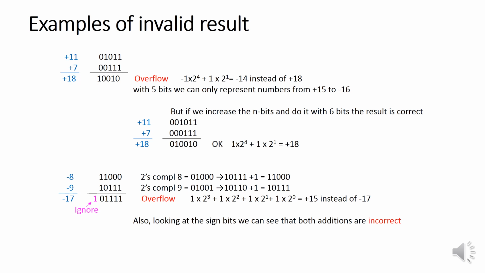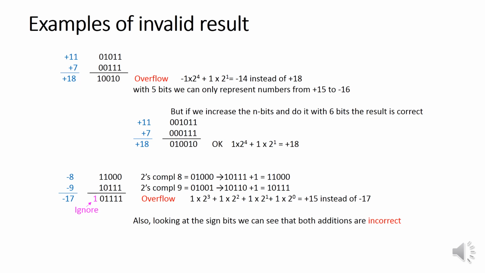The reason for the invalid result is due to overflow out of the range limits, because with 5 bits we can only represent numbers from +15 to -16, and the result is +18, so out of the range.